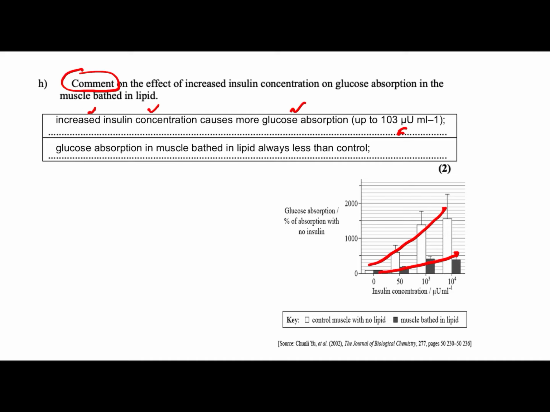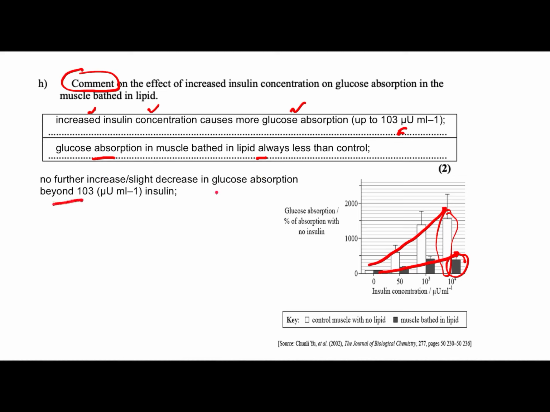But you can see that absorption in the lipid-bathed muscle is always less than the control. So this is another point of comment. There is no further increase, or a slight decrease, in glucose absorption beyond 10 to the power 3. Here you can see, here you can see. So this is how you can simply comment, and I think this is all about this question. Thank you.